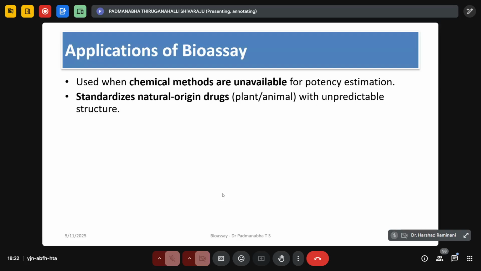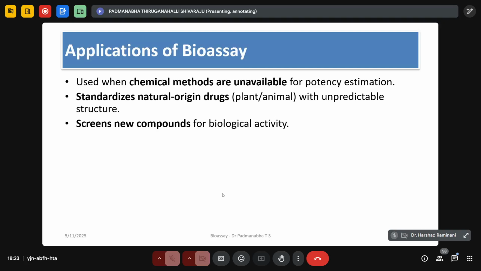Usually when the molecule is extracted, we will not know the structure, what the chemical structure is. Unless we know the chemical structure, we will not be able to go for chemical assay. So in such conditions, you need to go for the bioassay to quantify what the active ingredient is, and at what amount, potency or dose this active molecule derived from plants and animals is effective.